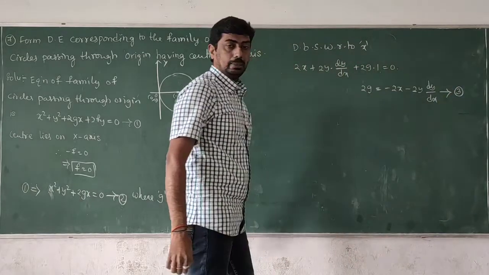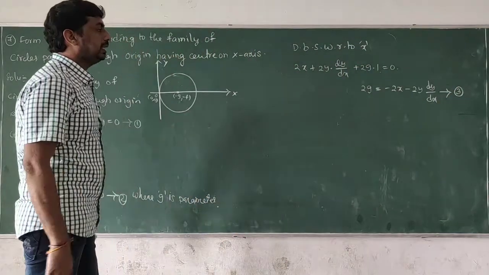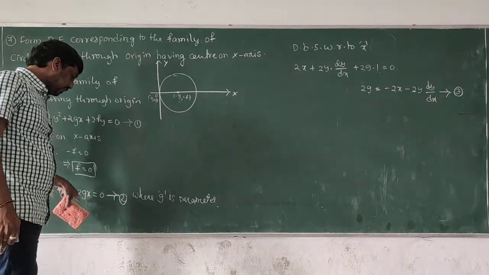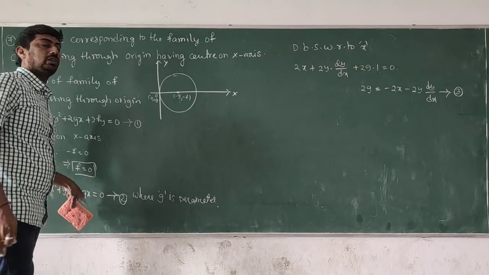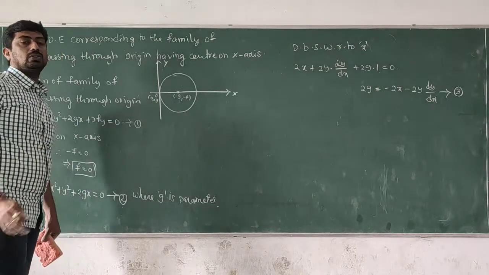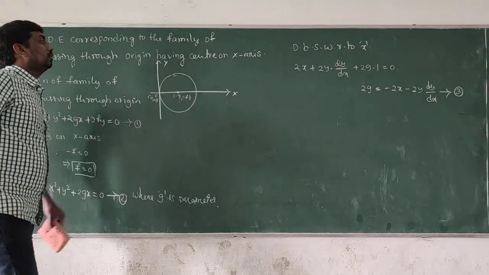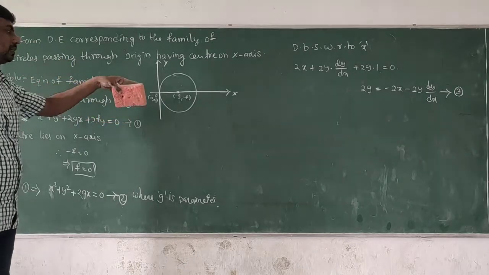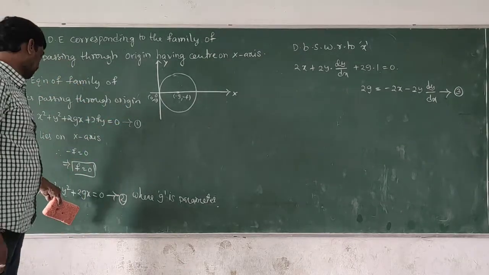This one is the parameter now. So we need to eliminate the parameter from this equation. That's why we substitute the parameter value in the first equation. Then we get the differential equation of the given family of circles which pass through the origin, having center on the x axis. Right.